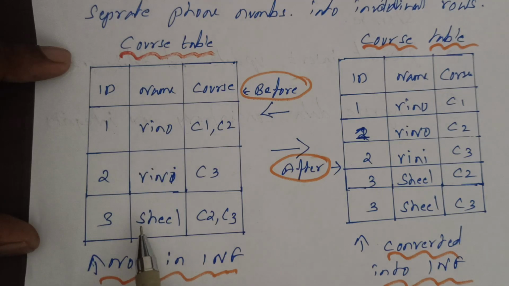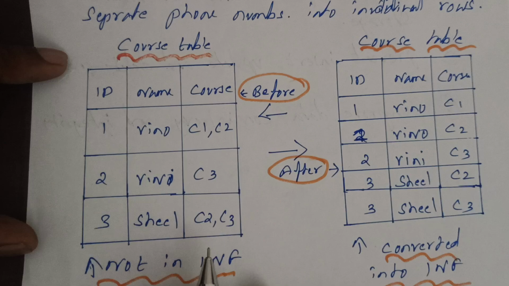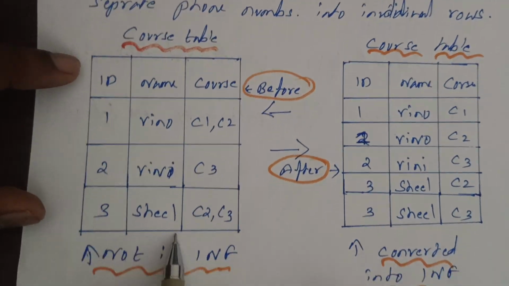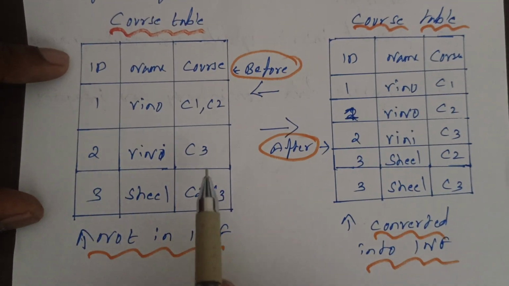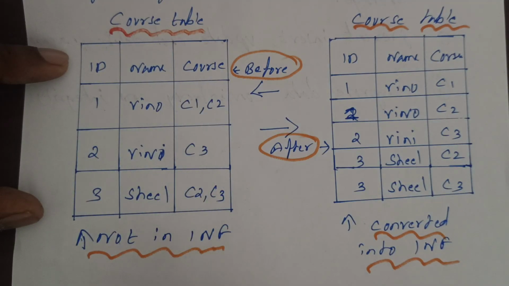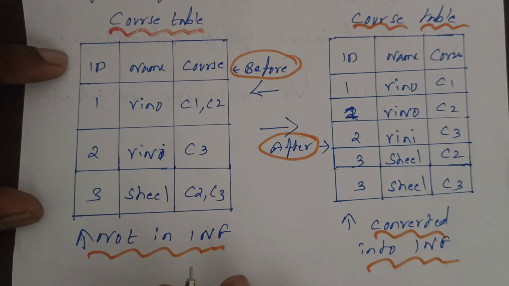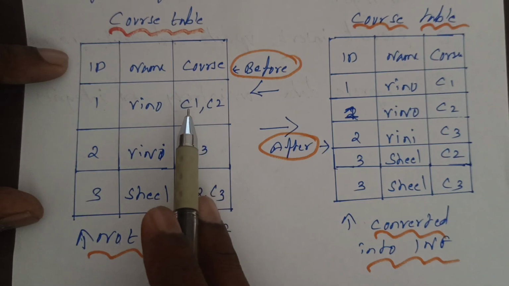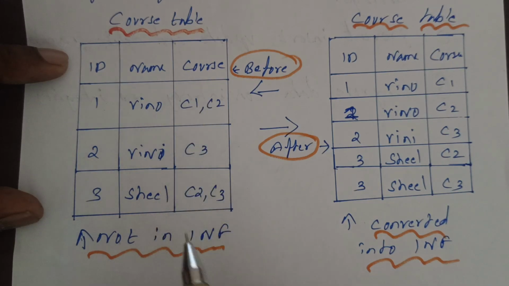A particular student can take multiple courses, as you all know, right? So this is actually before 1NF. I told you already, the column should contain atomic values, that means there should not be more than one value in a particular column.